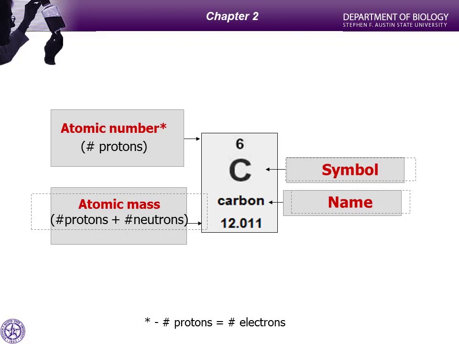Now, the atomic mass that you see, and notice our number for carbon, 12.011. What is that number relative to our atomic number? You got 6 as an atomic number, 12. It's about twice as much, right? Here's another one.